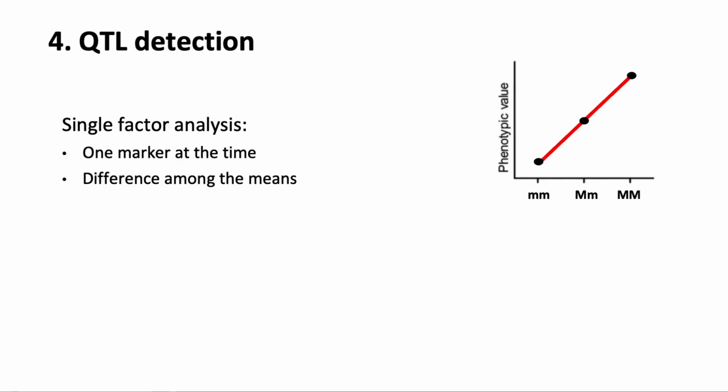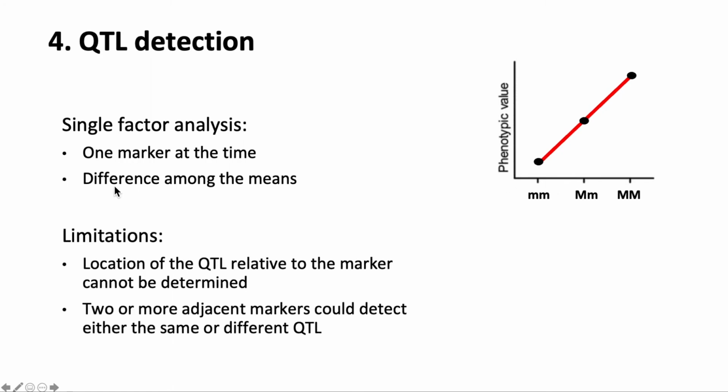There are basically two big categories for QTL detection. The first one is single factor analysis, which basically uses one marker at a time, as in the example we discussed previously, and identifies the difference among the means of the genotypes. But there are two main limitations with single factor analysis, and the first is that the location of the QTLs cannot be determined.